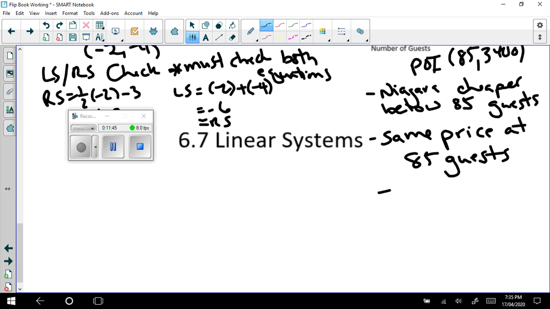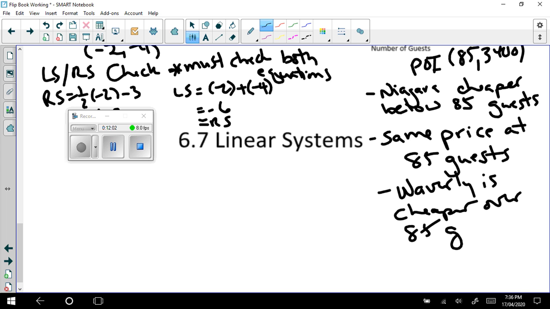They're the same price at 85 guests because that's where the lines meet.